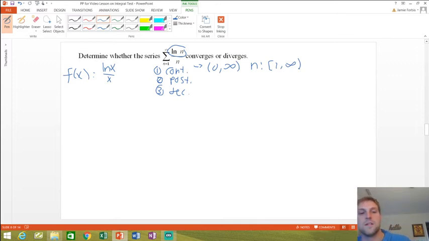So we've shown that. We're good to go. Okay. Where is it positive? It's positive on the denominator for 0 to infinity, and it's positive on the top from 1 to infinity, because if I plug in any number between 0 and 1 on top, it's going to be negative. So it's positive from 1 to infinity.